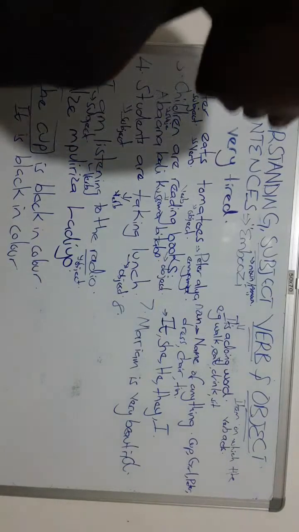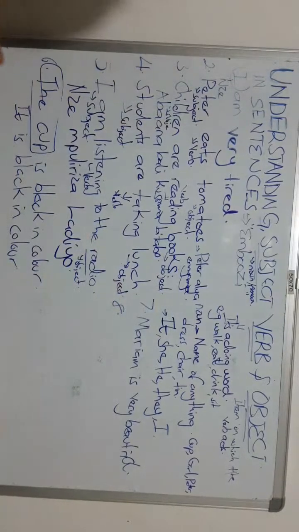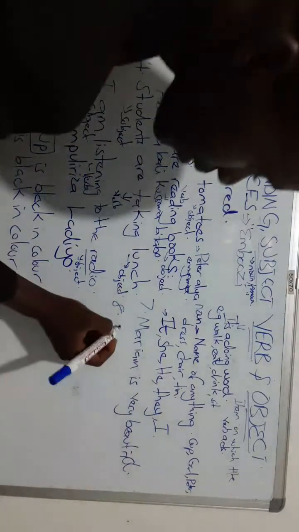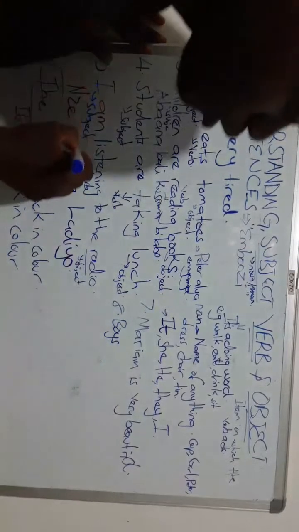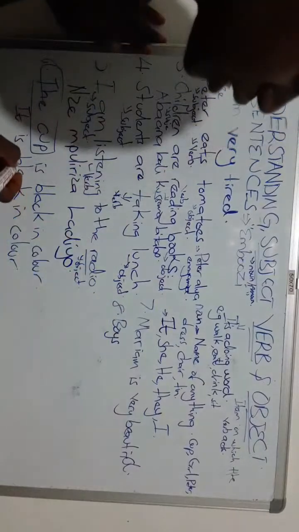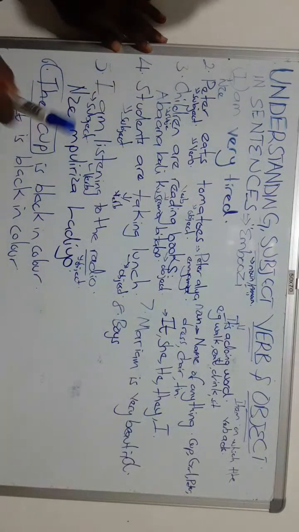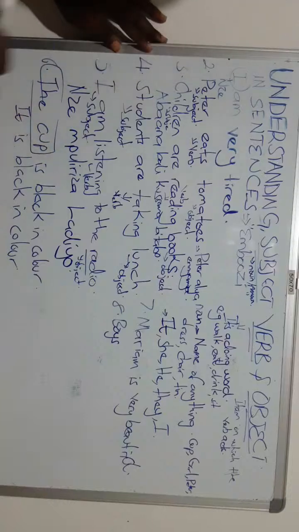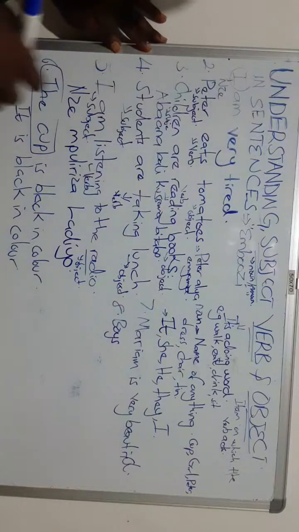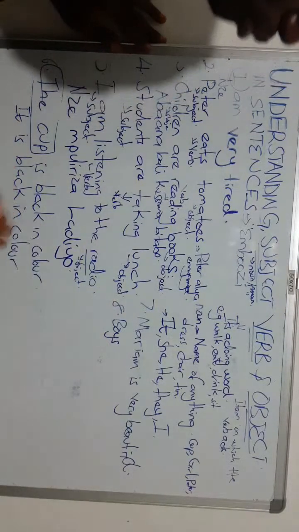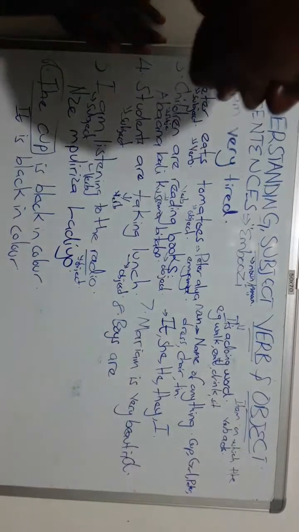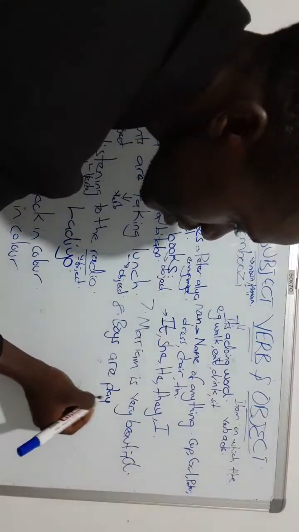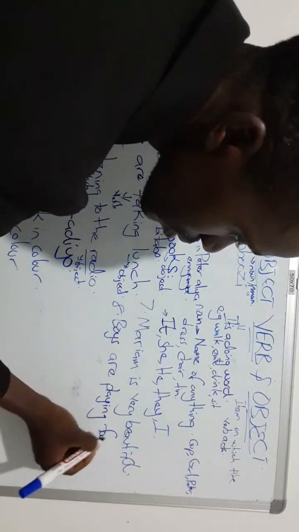Okay, let's proceed. You can have another sentence like boys, what are boys doing? Remember we looked at using singular and plural helping verbs or helping words. For example, is and are. So when you're talking about many or plural items, you use are. Boys are playing football.